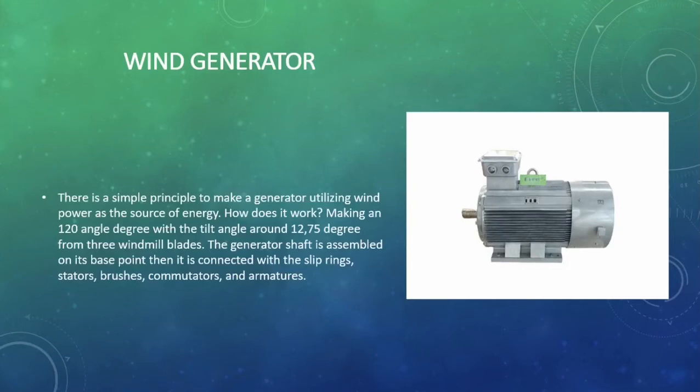The generator shaft is assembled on its base point. It is connected with the slip ring, starter, bars, commutator, and armature.